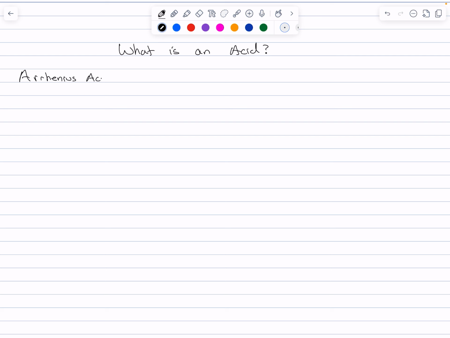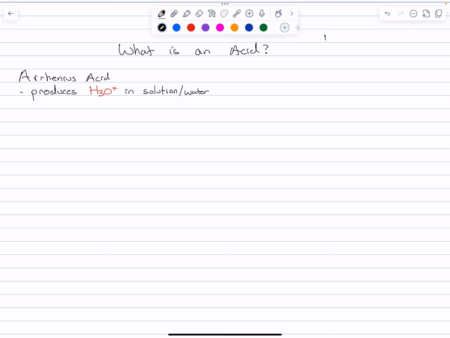the Arrhenius acid. All right? And that acid produces hydronium in solution. Now, a little note here, all right? Note, solution / water.